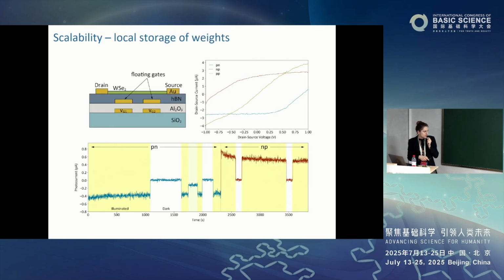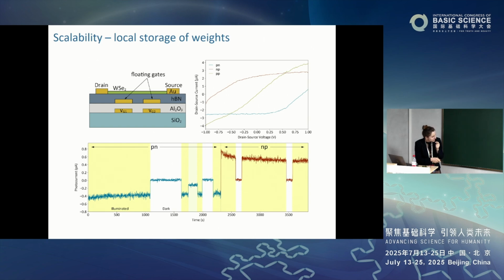Okay, so the problem was that the photodetector did not remember its weights, so you can add a floating gate. A floating gate will basically store its photoresponsivity after you switch off the gates.